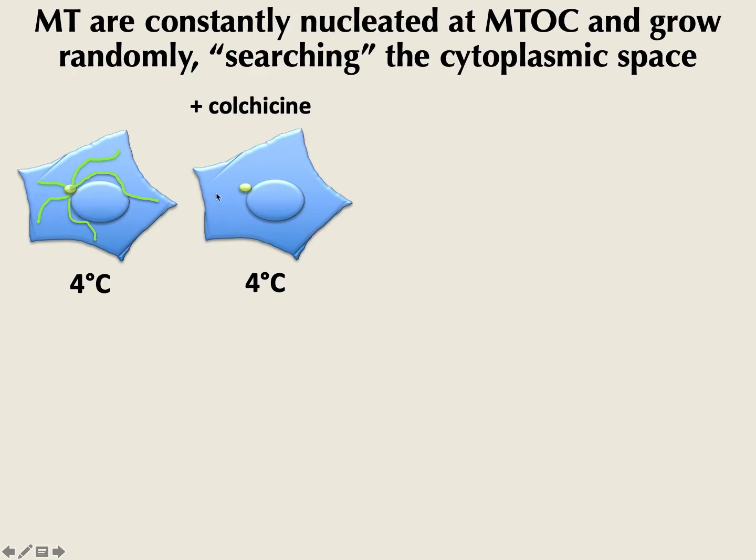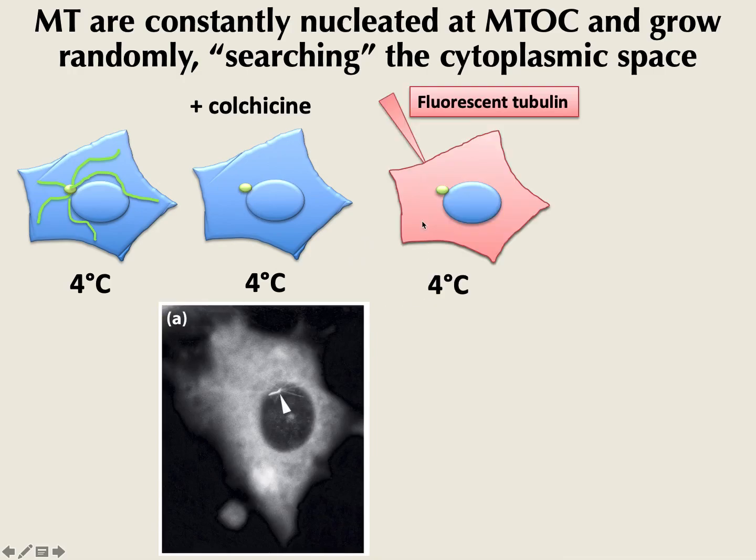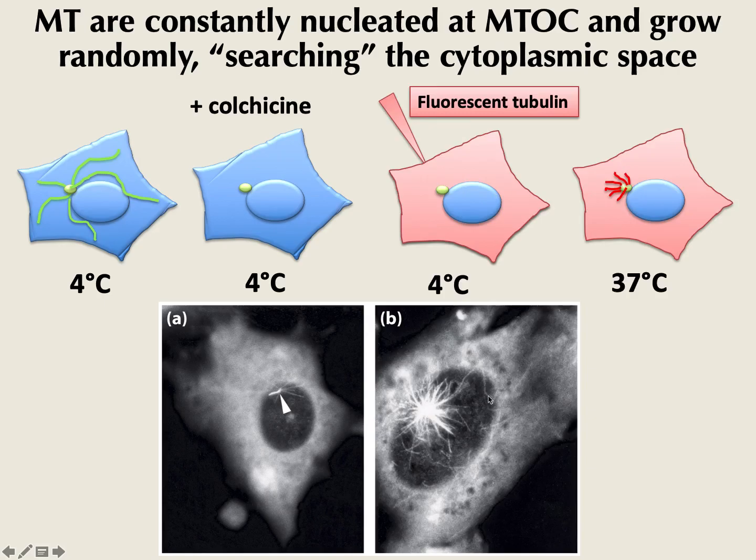But you still have the MTOC, you still have the centrosome here. So now if you start adding, and that you can see here with some microtubules still sticking out, but now if you add fluorescent tubulin and switch back to 37 degrees, again, this is the only place where microtubules come from.